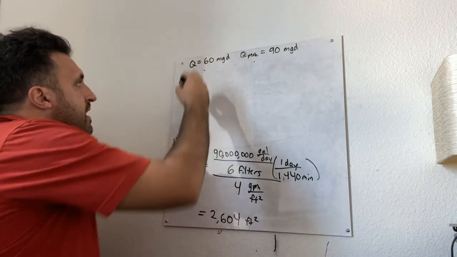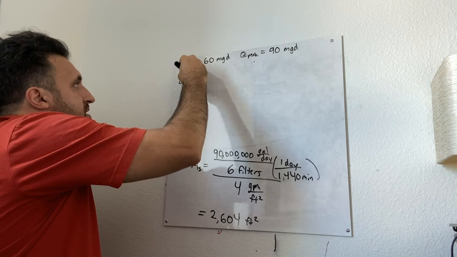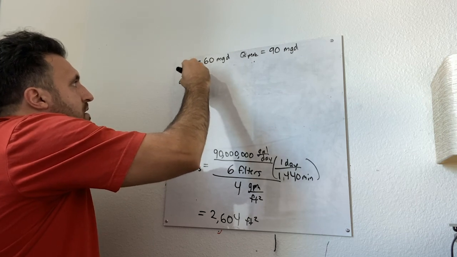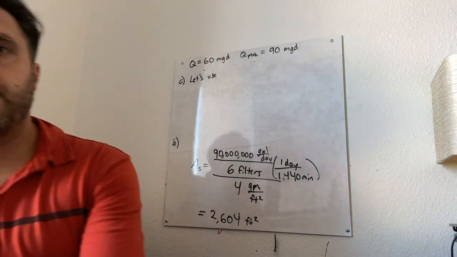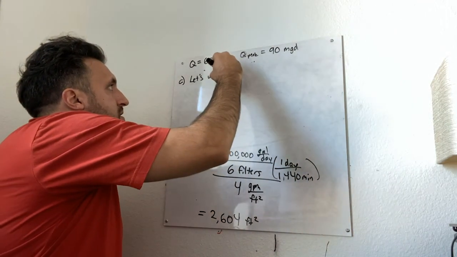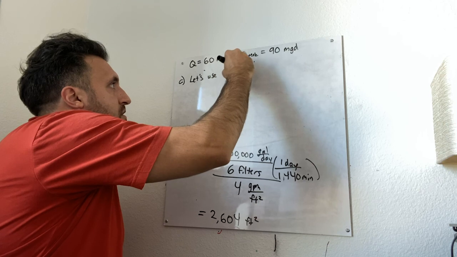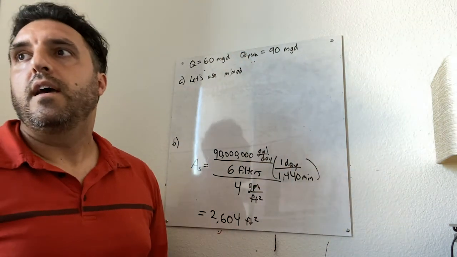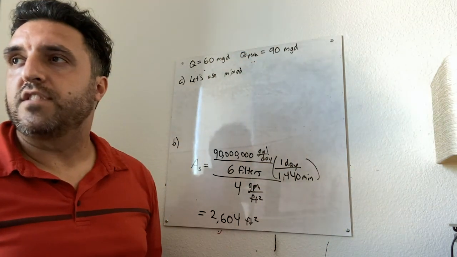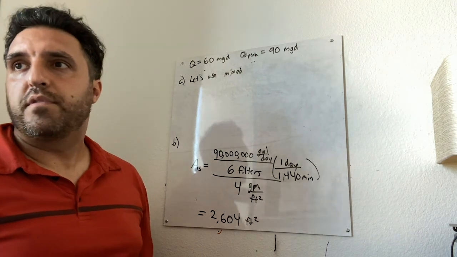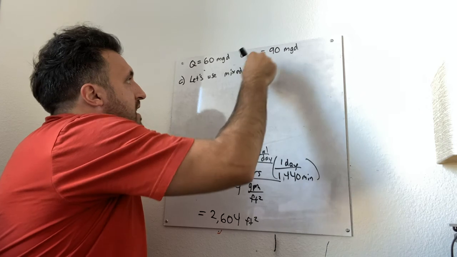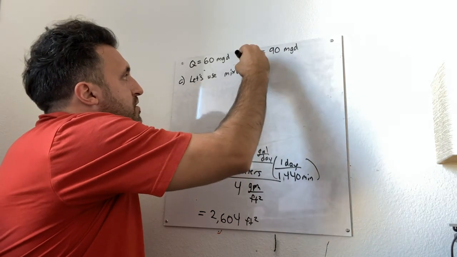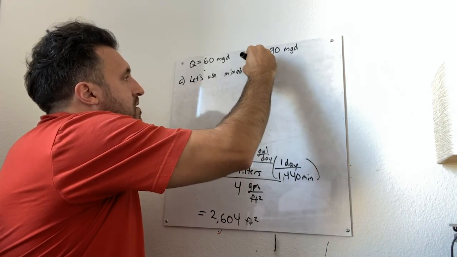Alright, so here, again, it's at the discretion of the engineer. Let's use mixed media filters. These filters are robust. They have 3 different layers of media: anthracite over sand over garnet, with typical ranges of depths that are specified in the design recommendations. So let's use mixed media filters.